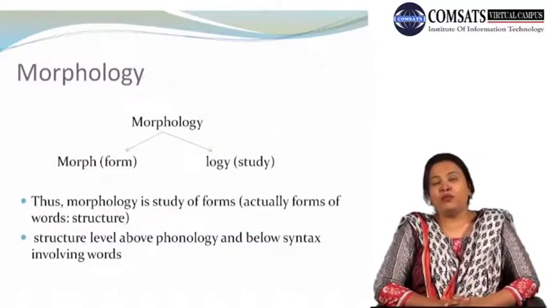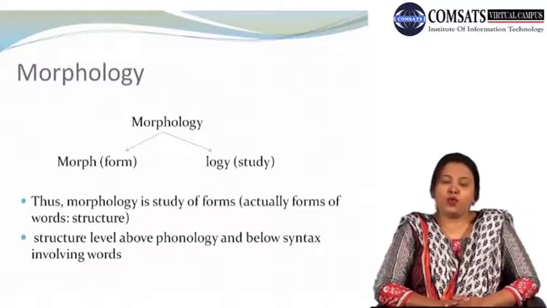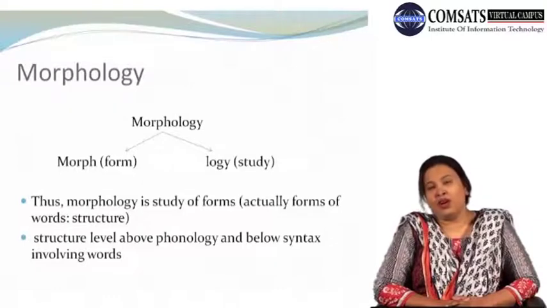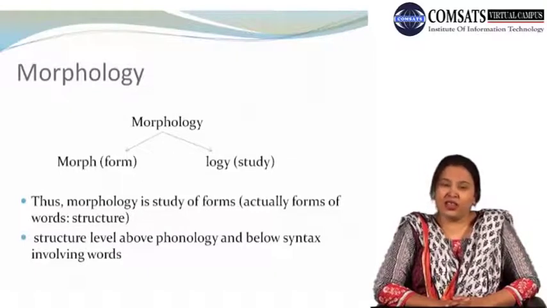Morphology. The word morphology itself is a Greek word made up of two words, morph and logy. Morph means form, the structure, whereas logy, with reference to biology, psychology and physiology, you know that logy means knowledge or study.